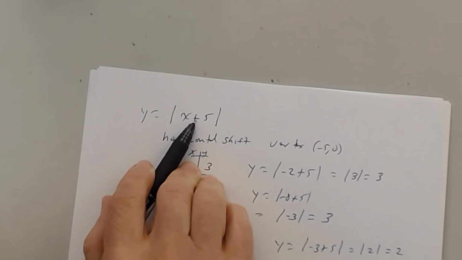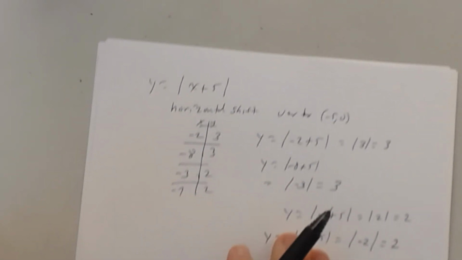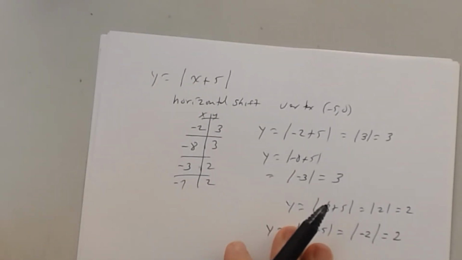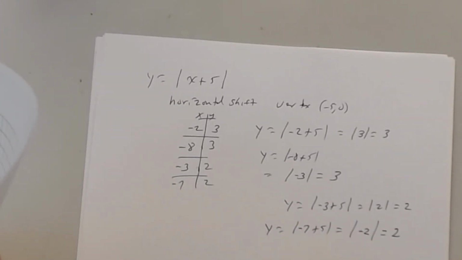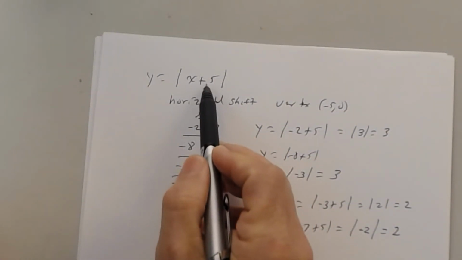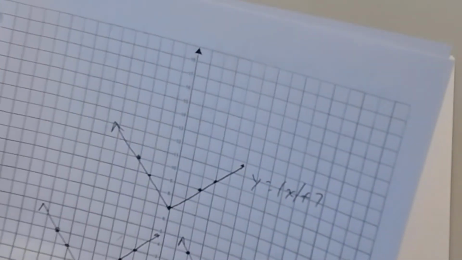So you know something's wrong. It cannot be 5, 0, because when x is 5, my y value is 10. Your vertex has to be what instead? Negative 5, 0. What's negative 5 plus 5? 0. There's your 0. So you can always verify your vertex by plugging that number in and seeing if you get that 0.